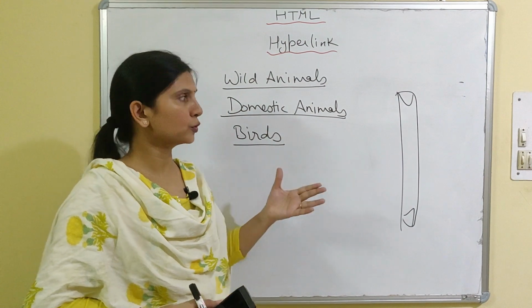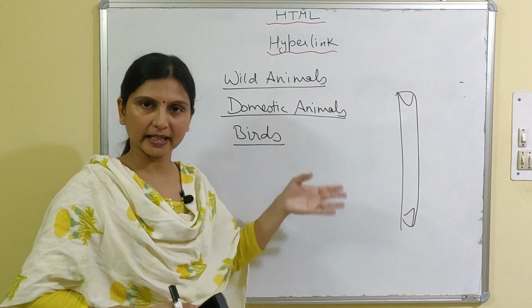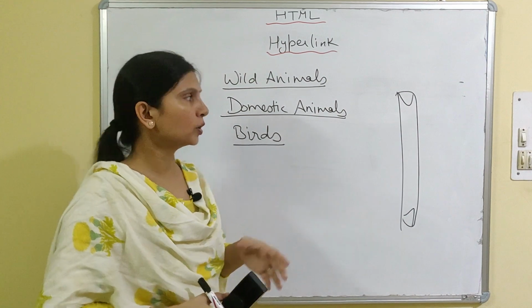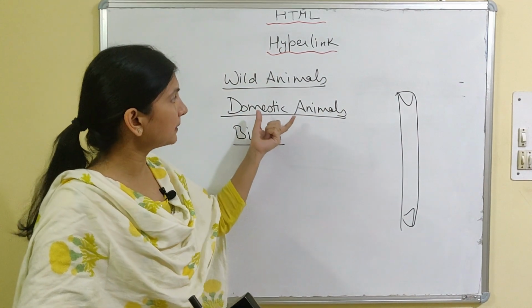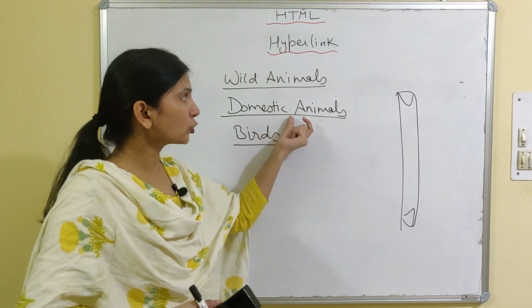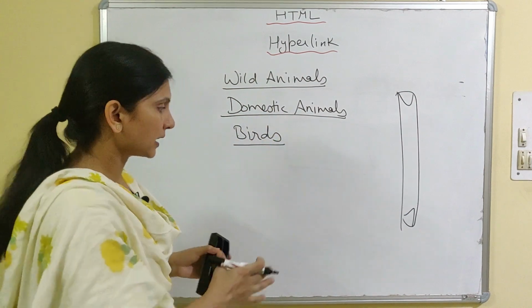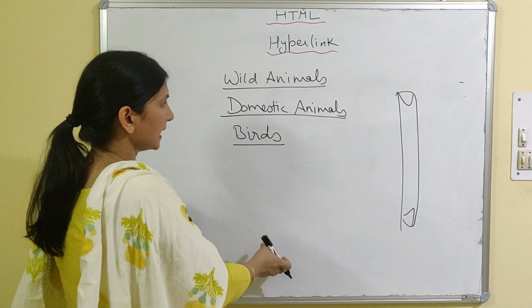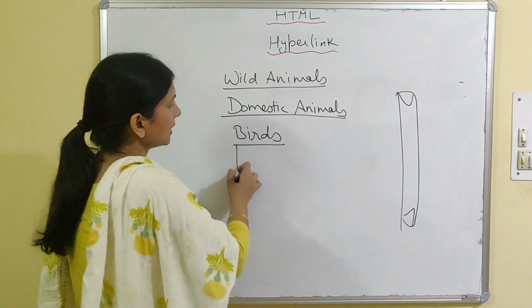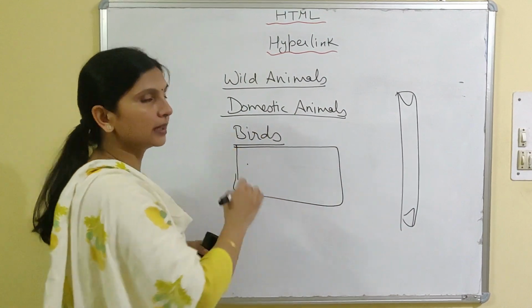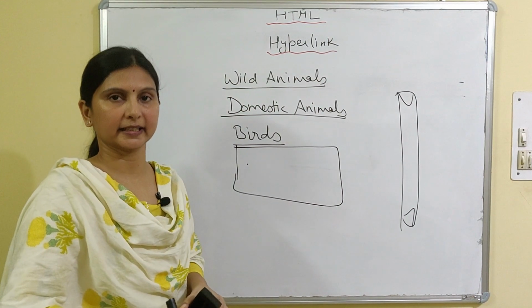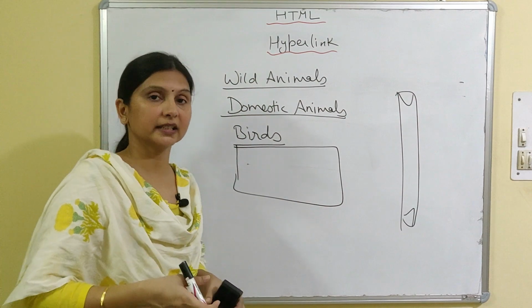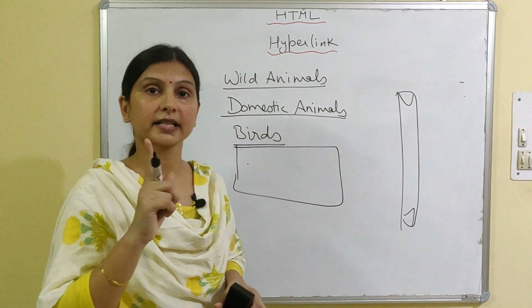So instead of using these scroll bars again and again, what do we do? We create an internal hyperlink. Internal hyperlink means when you click on domestic animals, the content related to domestic animals will come up and be visible to you. Fine. Directly you will come to that content. This is called an internal hyperlink on a single web page.